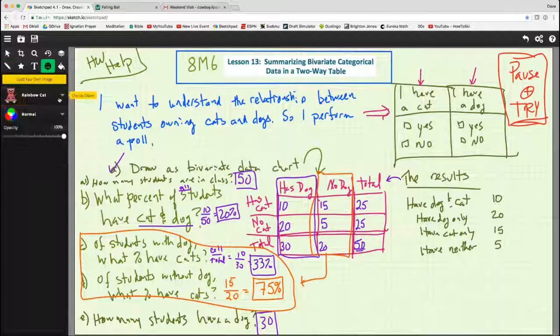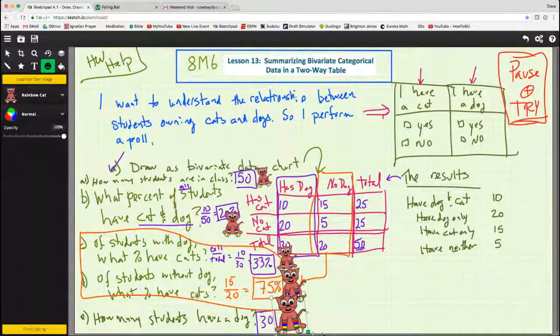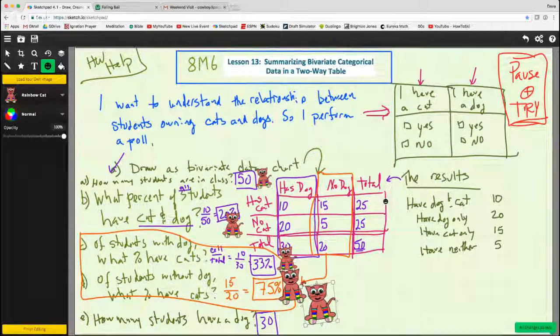What I'm going to do right now, though, is lay down happy cats for getting these answers right and drawing the right bivariate data chart. This is what your homework's going to look like. Hopefully this was useful, a good example.